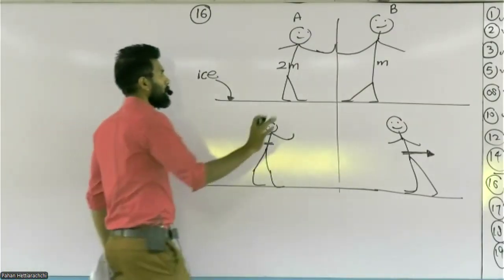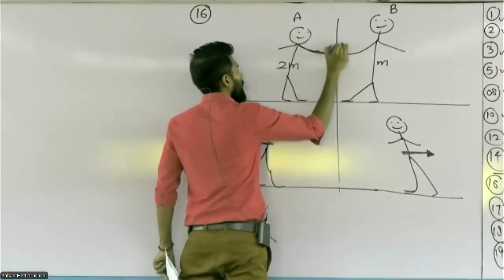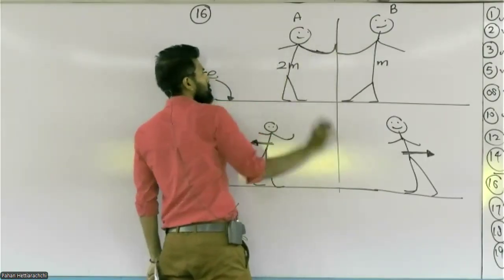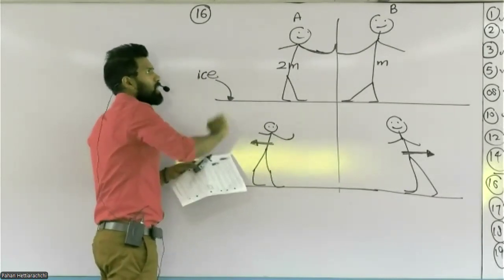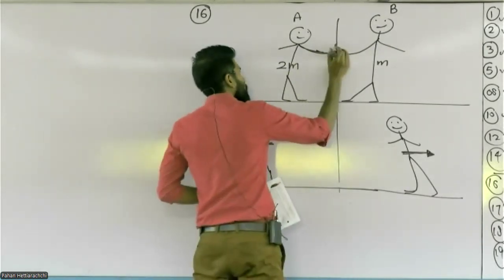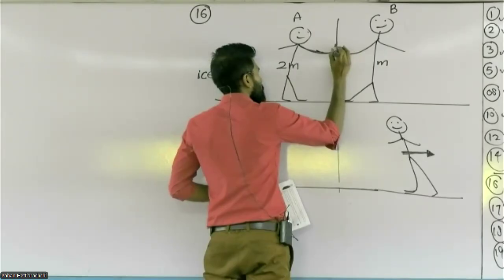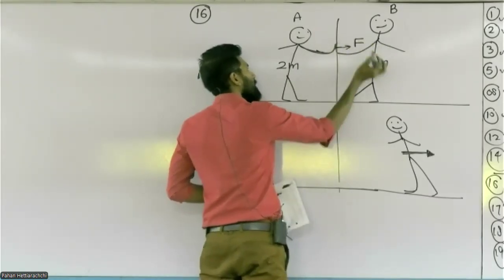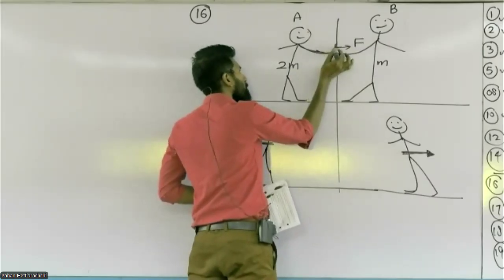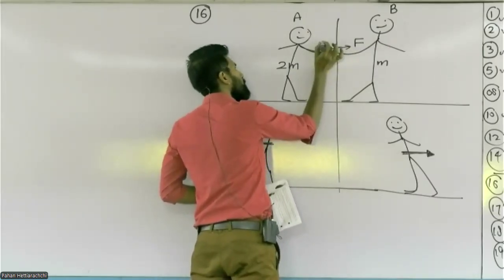Now, what happens? Initially, they are very close to each other, touching each other's hand. As they push each other, there's a force from A on B's hand, and from Newton's third law, there will be a force acting on A from B's hand also.